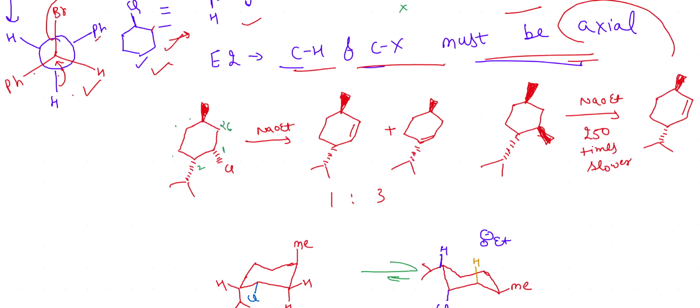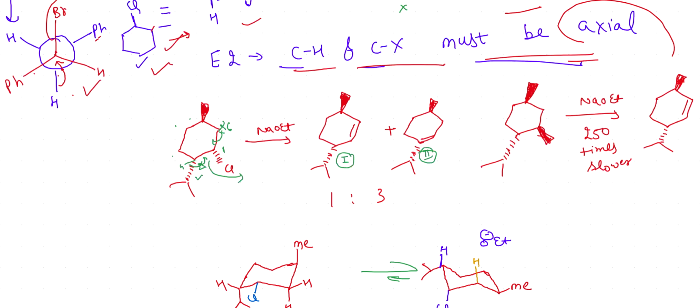This is also alpha position next to halogen. Here, there are two possibilities. Hydrogen can be abstracted from here, and hydrogen can be abstracted from here, from second position as well. So there is formation of two products. If the hydrogen is abstracted from this carbon, then the first product will be formed. If the hydrogen is abstracted from this carbon, then the second kind of product is formed.